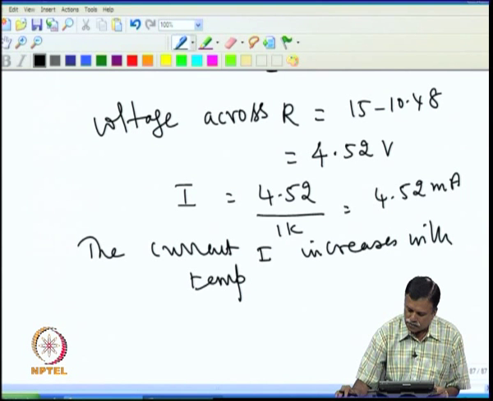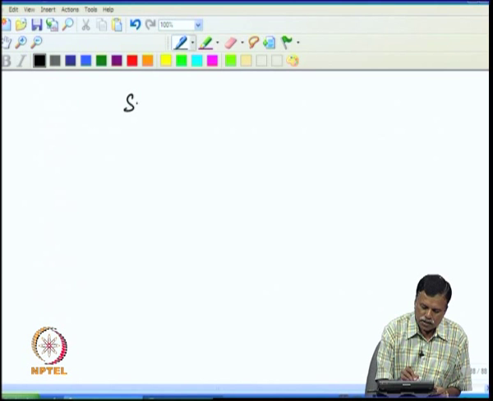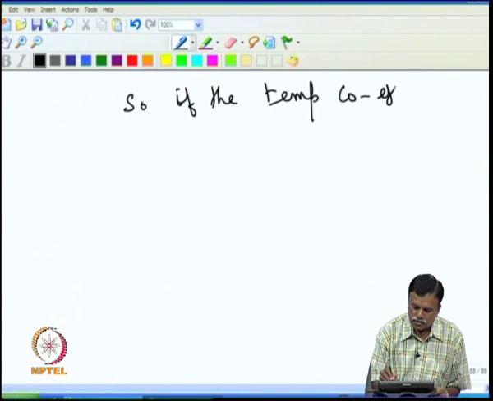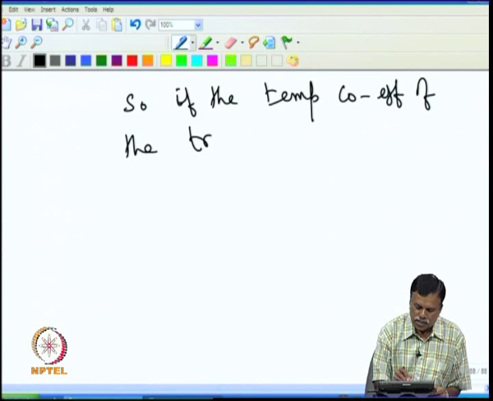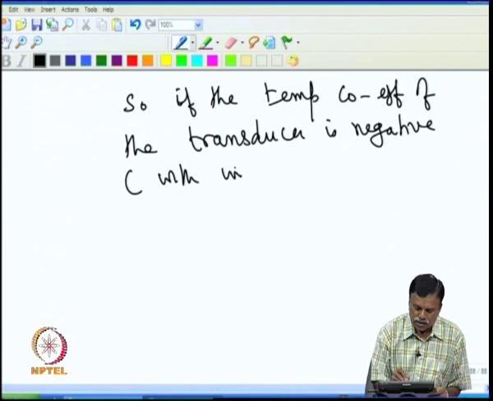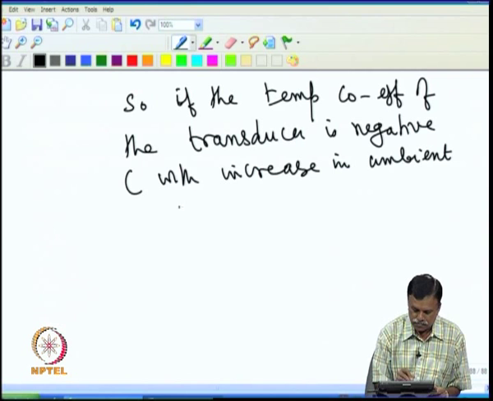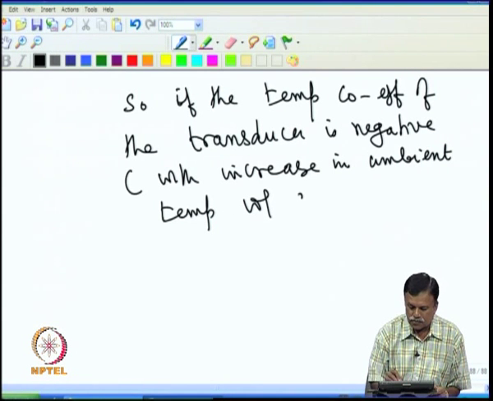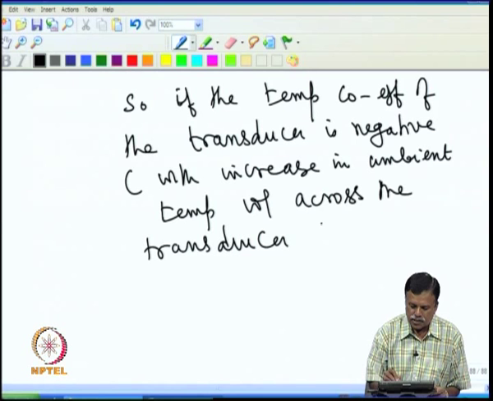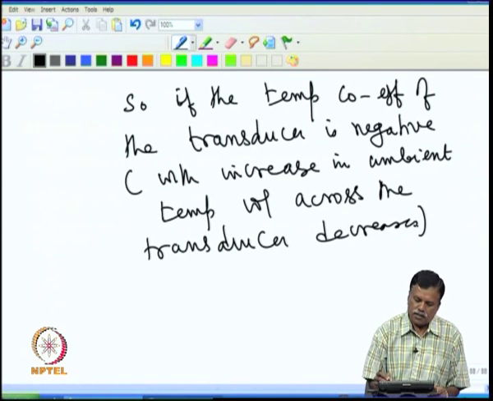So, if the temperature coefficient of the transducer is negative, meaning with increase in ambient temperature, the voltage across the transducer decreases. That is the meaning of negative temperature coefficient.